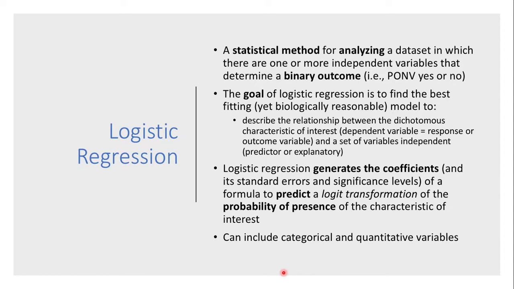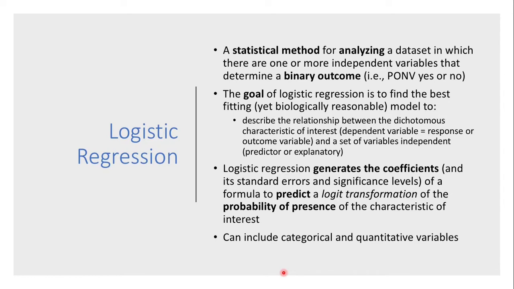And it works the same way as multiple regression, in that you're generating beta coefficients and their standard errors and p-values. You're essentially developing a formula to help predict what they call a logit transformation of the probability of presence of the outcome that you're interested in, say in this example, nausea and vomiting.